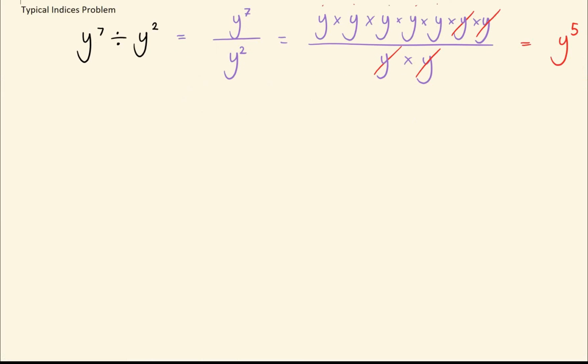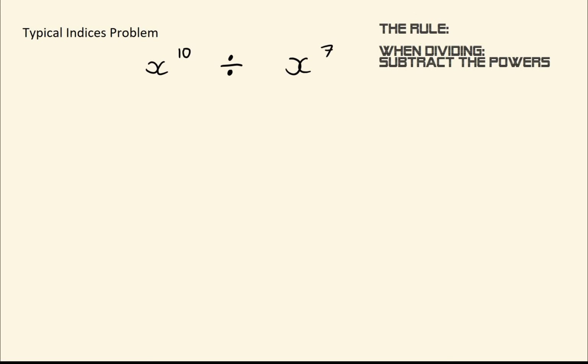Here we had 7 y's, and by dividing we cancelled out 2 of those y's, which meant we had 5 y's left. Again, this 5 comes from doing 7 take away 2. So now we have the rule that when we're dividing, we need to subtract the powers. So I have 10 x's here, I'm taking away 7 of them, which means there are only 3 left, because 10 minus 7 is 3, so it's x to the power of 3 or x cubed.